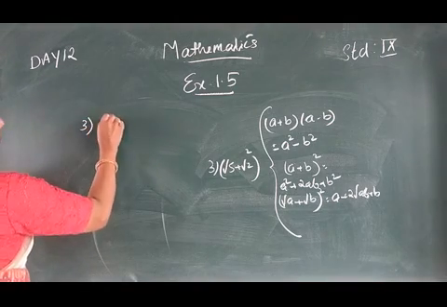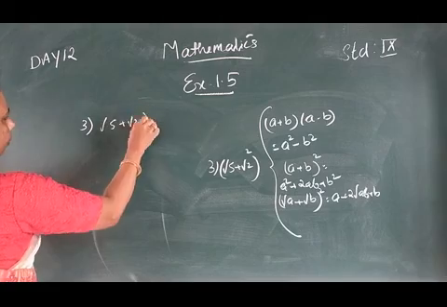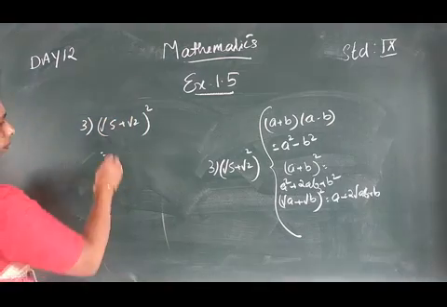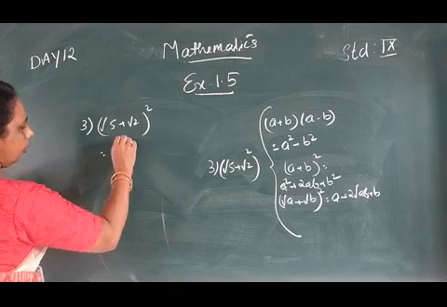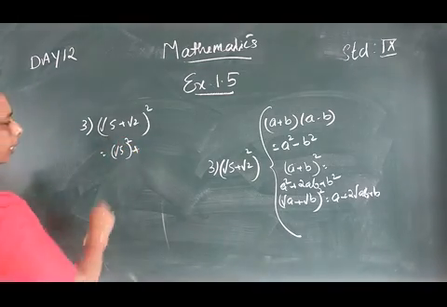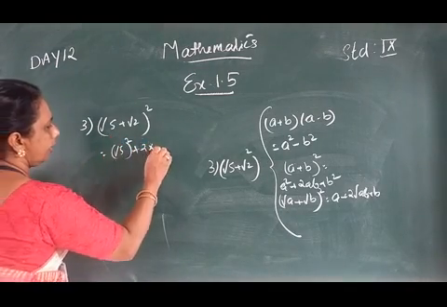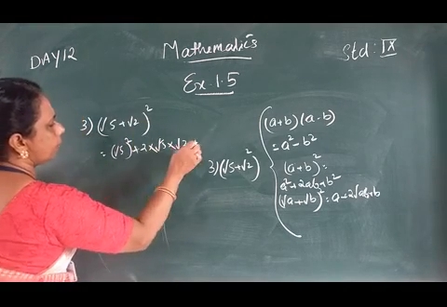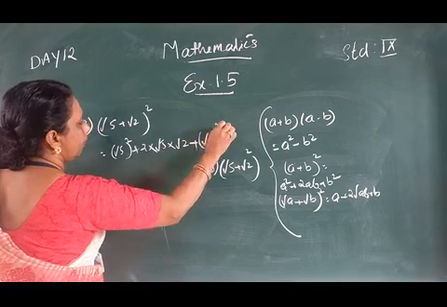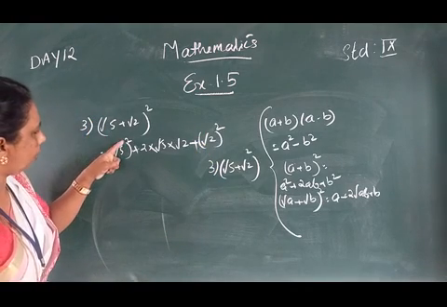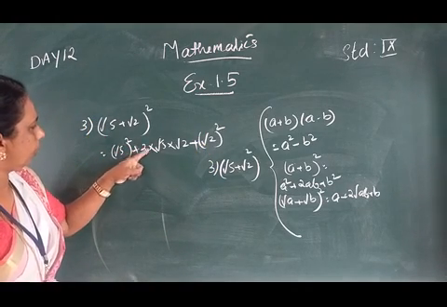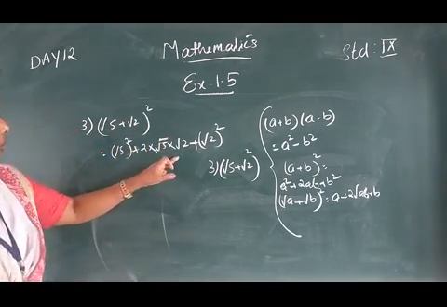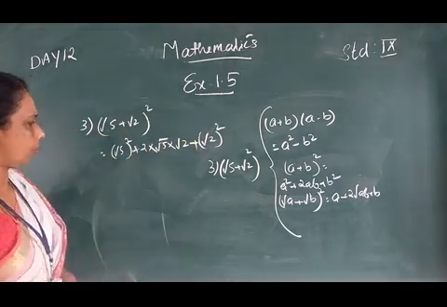Third one, root 5 plus root 2 the whole square. A square, root 5 the whole square, plus 2AB, 2 into root 5 into root 2, plus B square, root 2 the whole square.